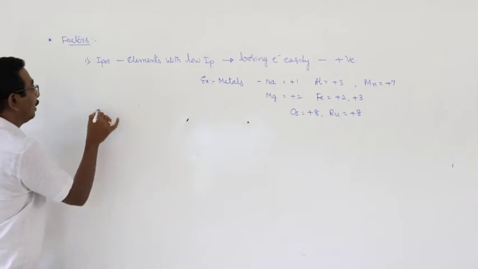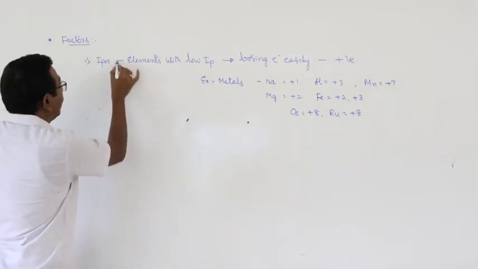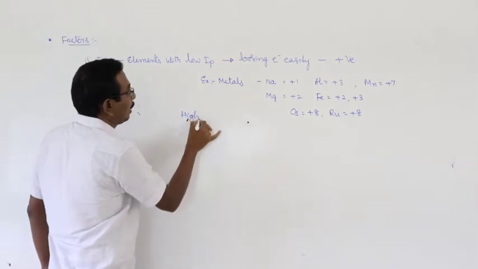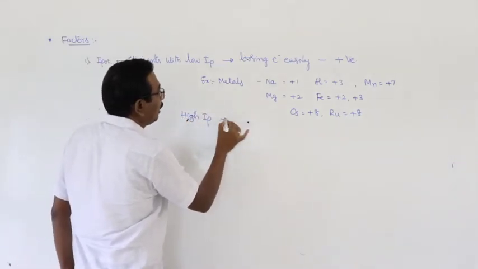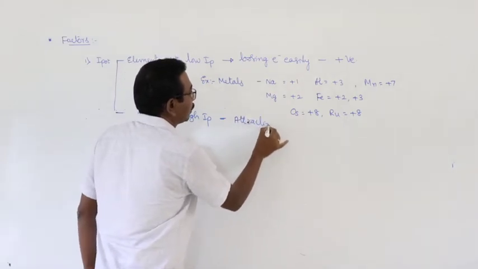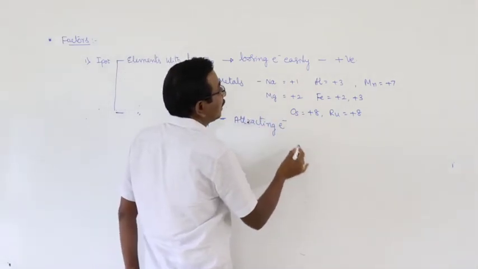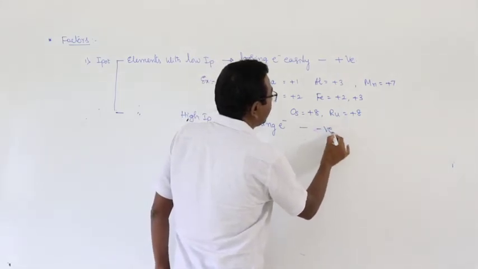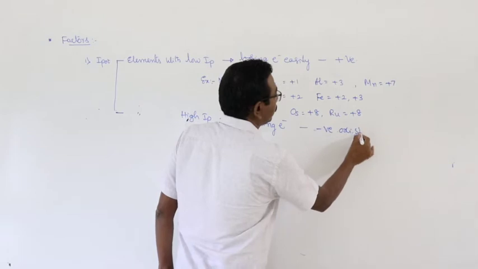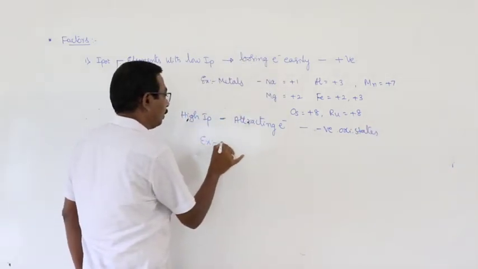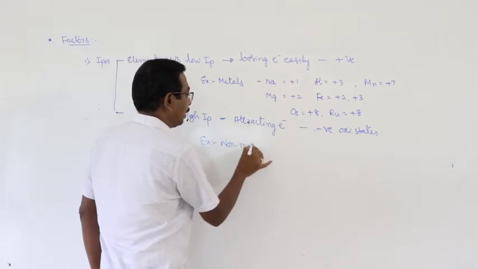Second one, elements with high IP values. High IP values mean a tendency of attracting electrons. They have negative oxidation states. Example, non-metals.